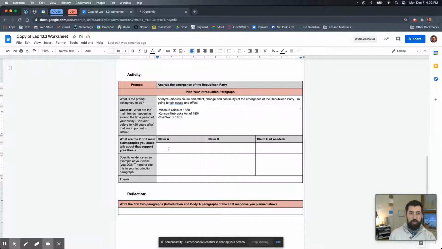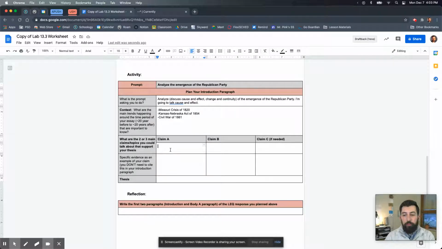All right, so three general claims that I can make about the emergence of the Republican Party. Well, the analyze here has given me a pretty broad space to work with. So let's do a long-term cause, a broad cause.